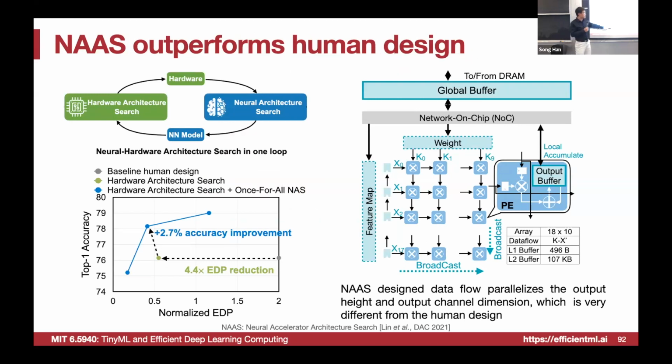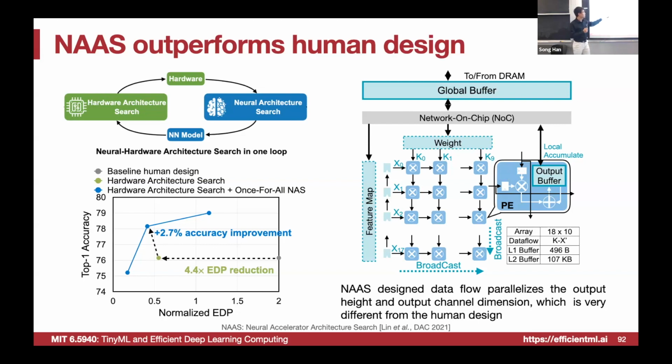And this is the comparison with the starting point, which is a baseline human design, which is basically less than 50. This is the normalized energy delay product. So by applying this hardware architecture search only, without changing the neural network architecture, we get about 4.4x energy delay product reduction.